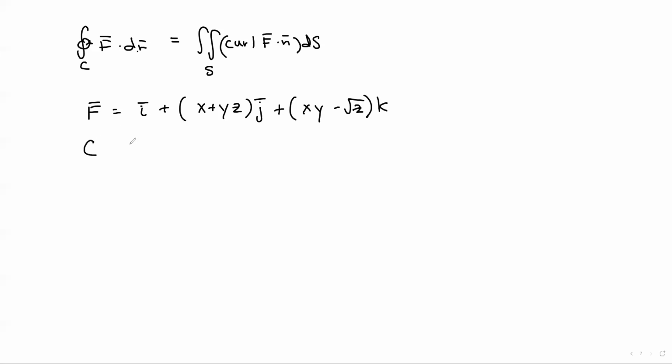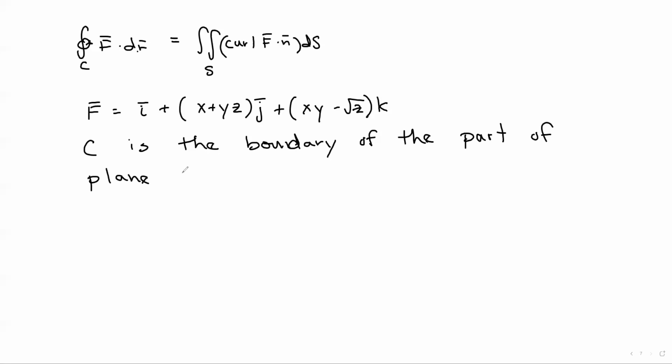We're told C is the boundary of the part of the plane 3x plus 2y plus z equals 6 in the first octant.